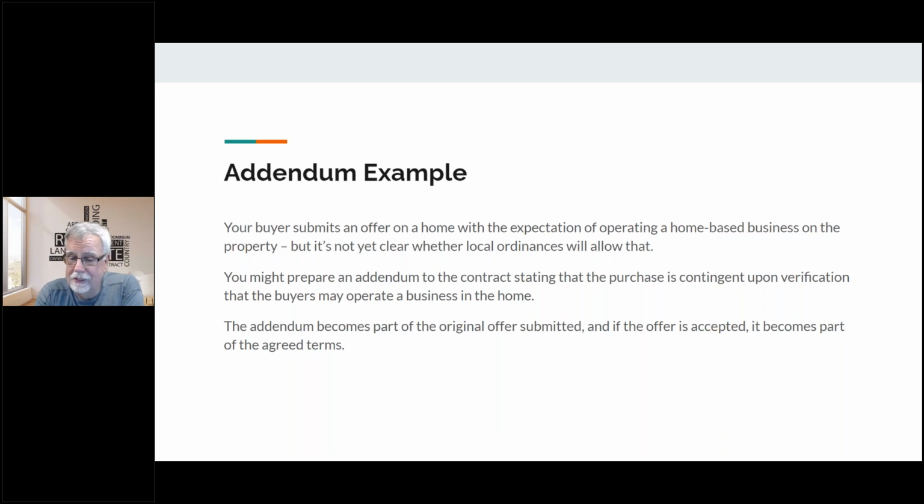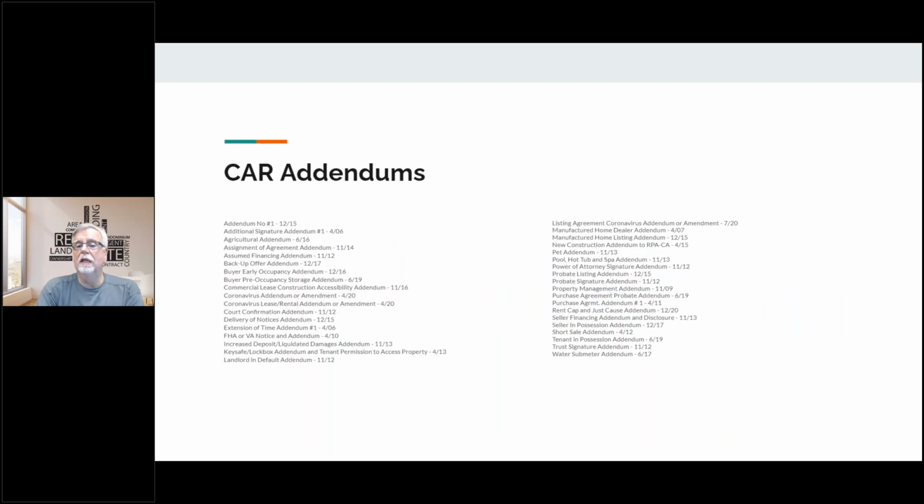Typically we would tie that contingency to 14B, which is the part of the contingencies where it says you have so many days to remove them. You could just type that in the addendum. Then that would be attached, added to the original offer, and when accepted, it would become part of the agreed terms.